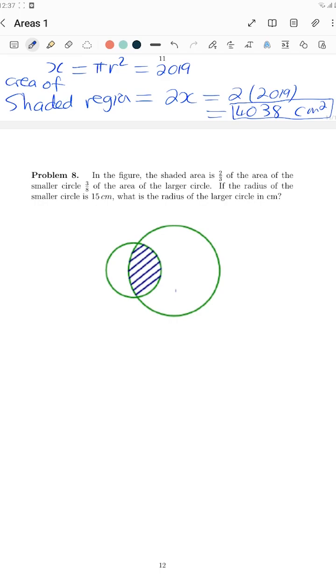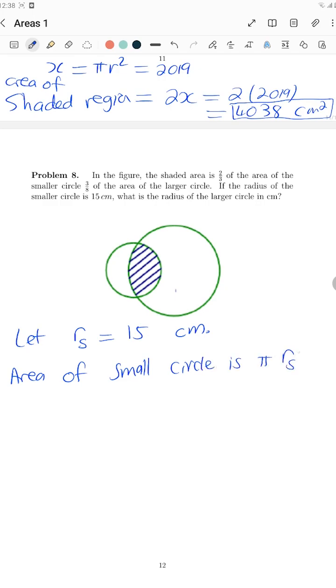Okay, so there are many ways of solving this problem. I'm going to use the following notation. Let R sub S equal 15 centimeters. So the area of the small circle is pi times its radius, which is R_S squared. So that will be pi times 15 squared.